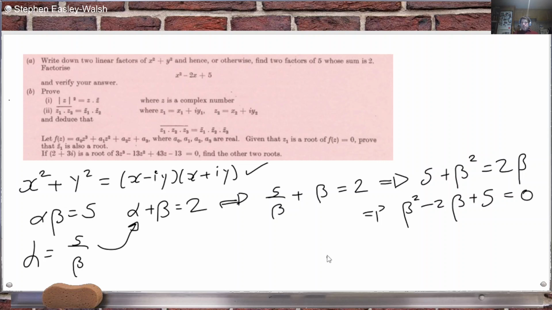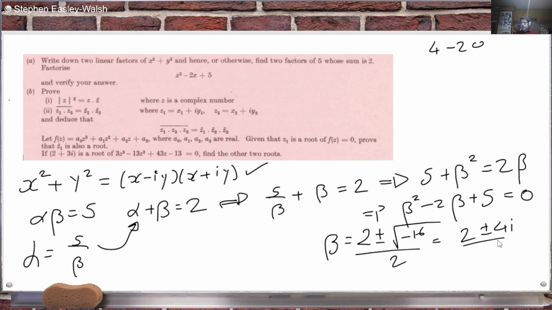Yeah. Beta is minus b plus or minus the square root of b squared, which is 4 minus 20. So that's minus 16 all over 2a. So that's 2 plus or minus 4i over 2.